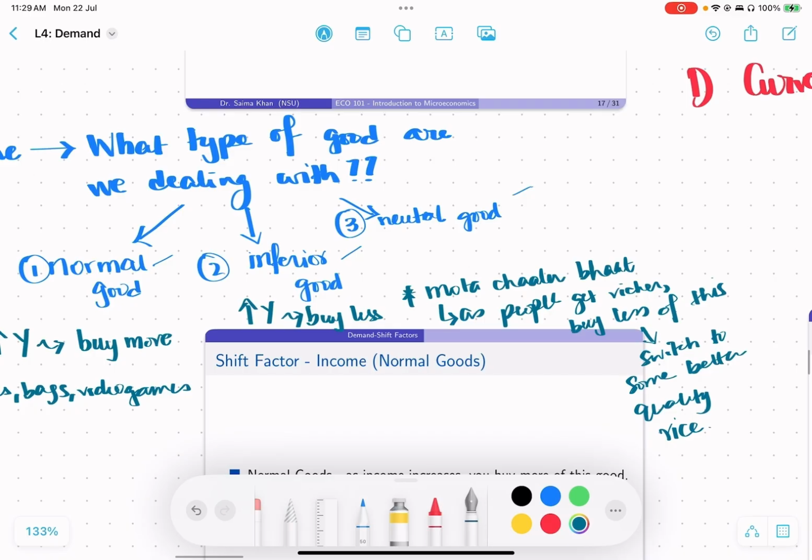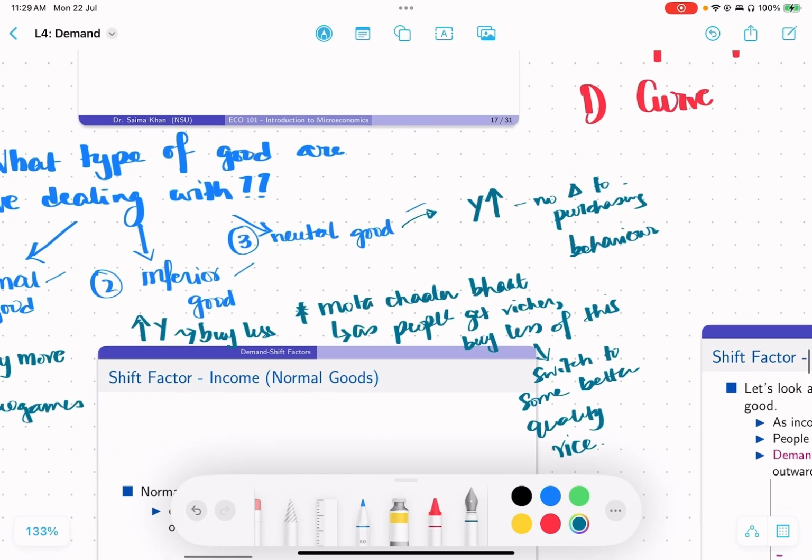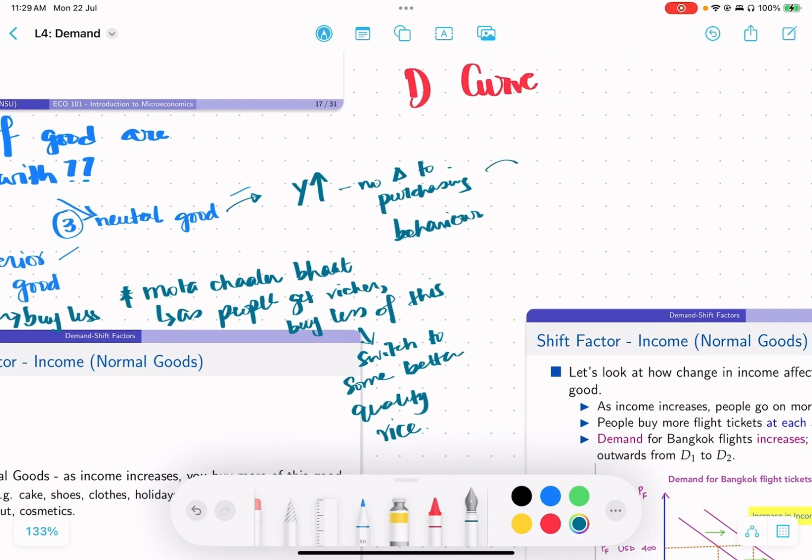All right. Finally, we come to neutral good. This is a type of good where when income goes up, there's actually no change to purchasing behavior. Can you think of some good like this? I'll give you an example. Medicine.